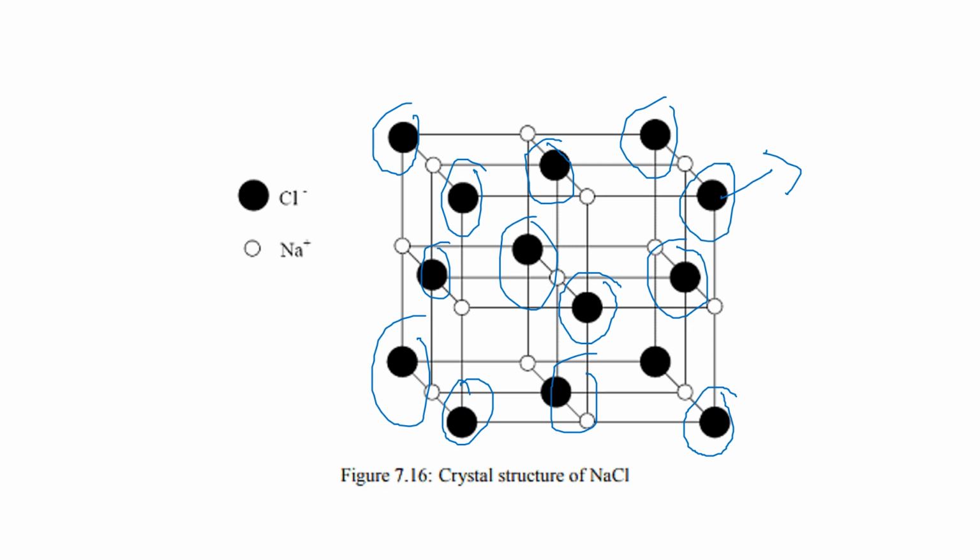Oh, I have left this corner one. So this is a corner Na and these are the faces. So where are Cl placed? On the faces, and on what? On the corners.